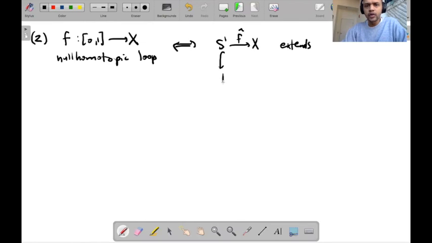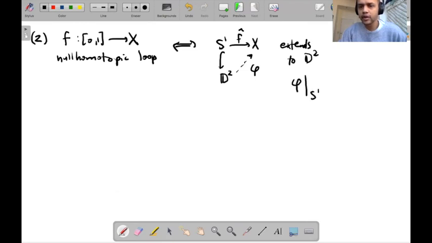There's the inclusion of the circle into the disk as the boundary, and to extend means that there's a map phi so that phi restricted to the boundary circle is f hat.